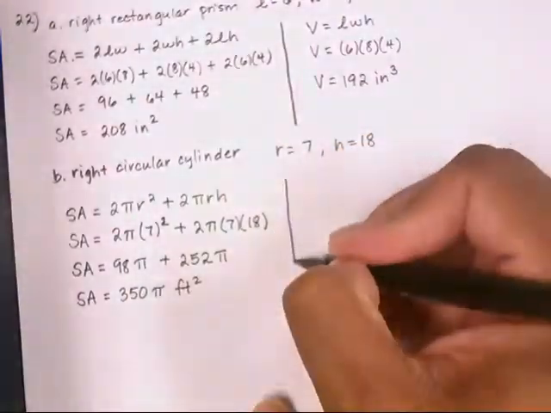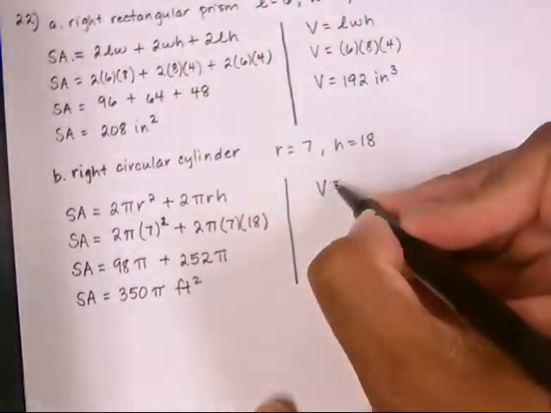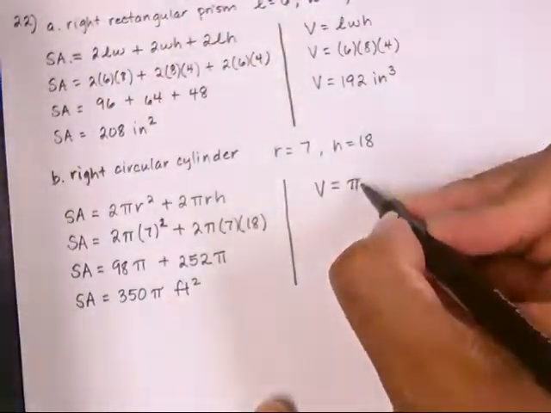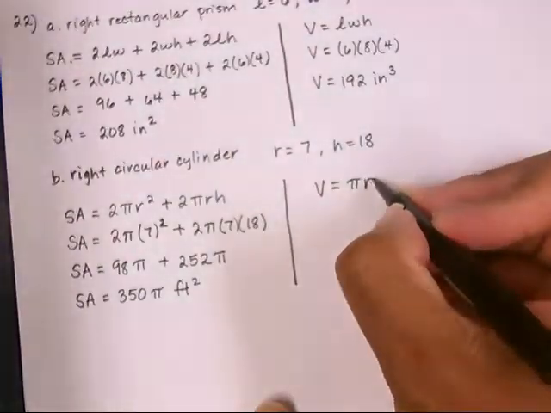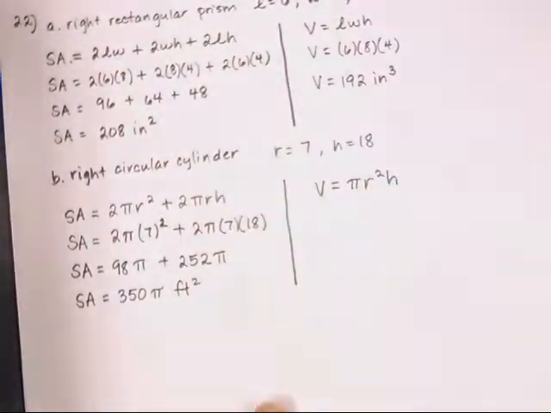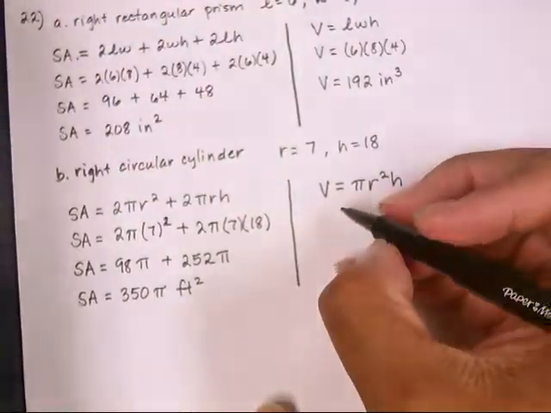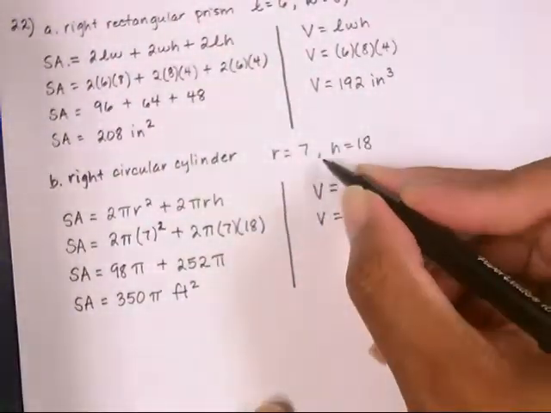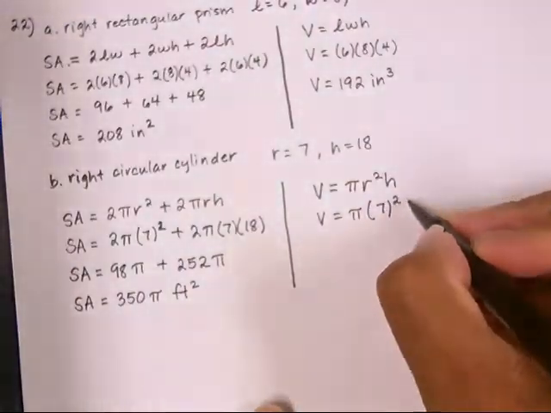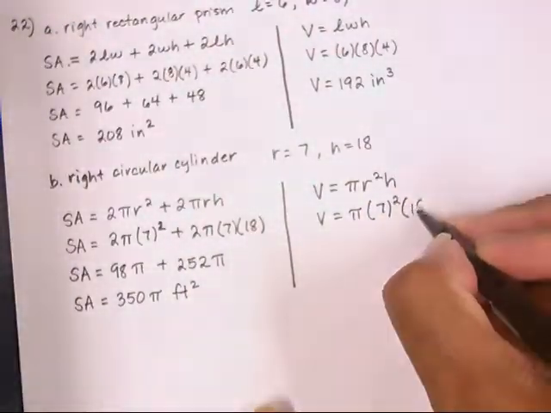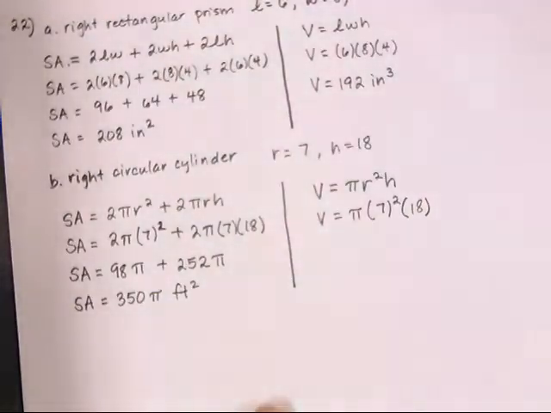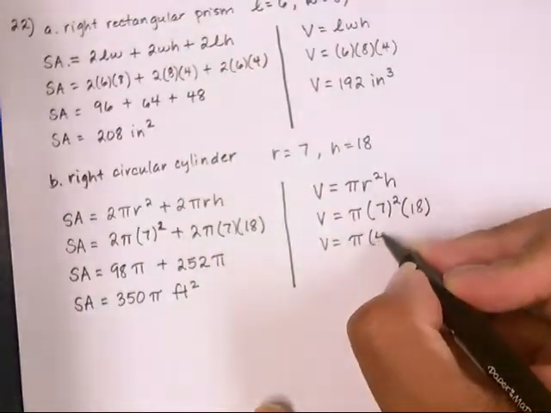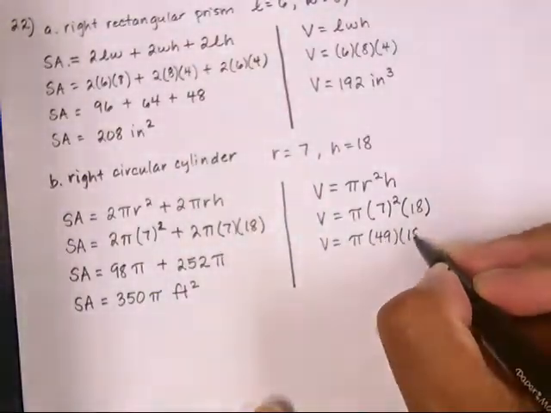Okay, now we're going to find the volume of that right circular cylinder. The formula for the volume of a right circular cylinder will be pi times the radius squared times the height. So in this case, bring down the pi. The radius is 7, so that's 7 squared times the height, which is 18. Now if I square 7, that's going to be 49, so that's going to be pi times 49 times 18.